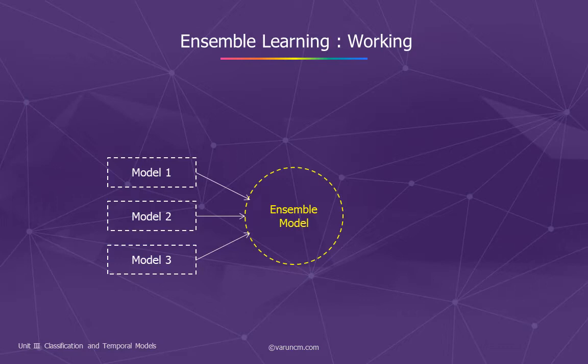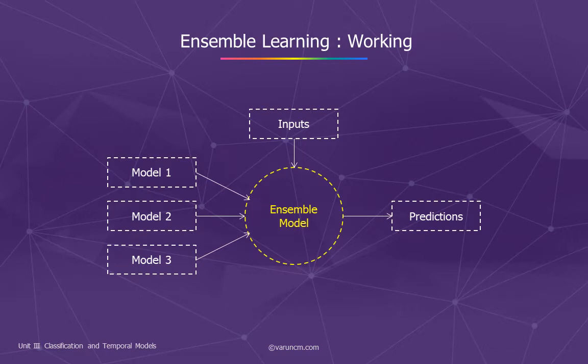So the ensemble model is the combination of these three different machine learning models. Now we get the input for this ensemble model, which will perform the learning operation and predict the output.